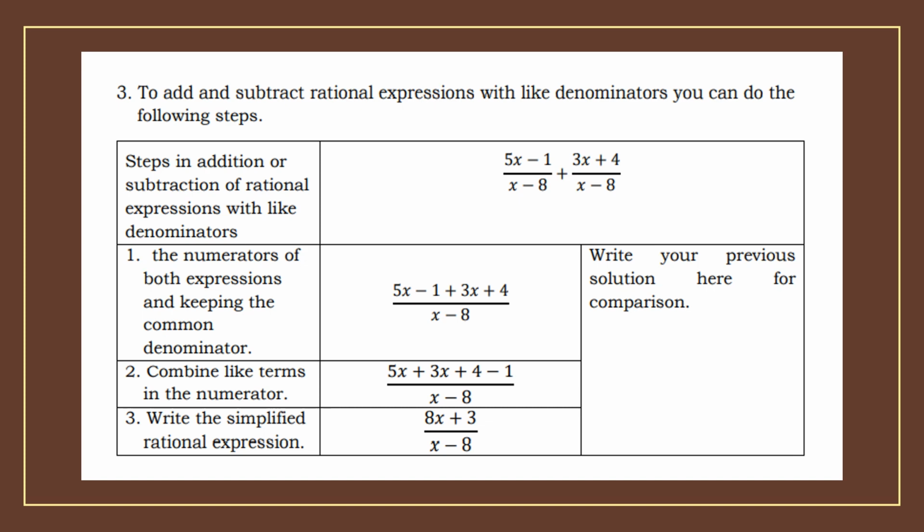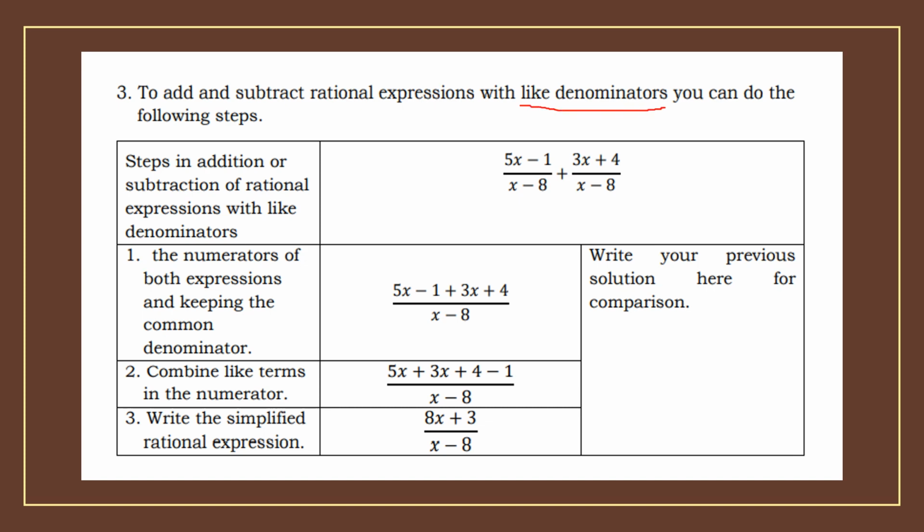Number 3. To add and subtract rational expressions with like denominators, you can do the following step. The given is 5x minus 1 all over x minus 8 plus 3x plus 4 all over x minus 8. Take note that we have like denominators.